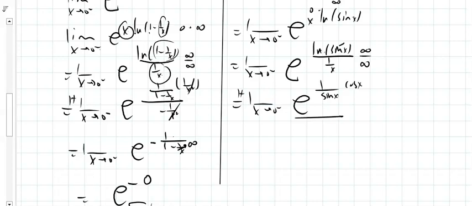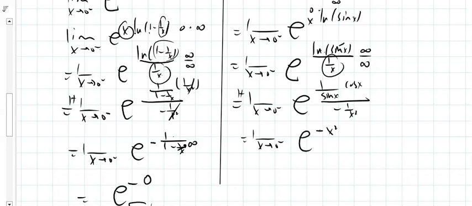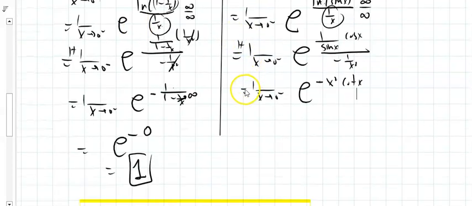And the derivative of 1 over x is negative 1 over x squared. That's the limit as x approaches 0 from the left of e to the negative, and that's going to be x squared. Cosine over sine is the cotangent of x. As x approaches 0, I'm getting 0 times infinity again.